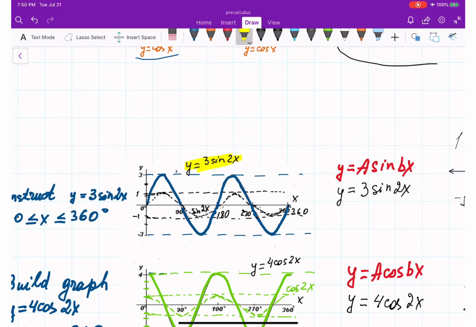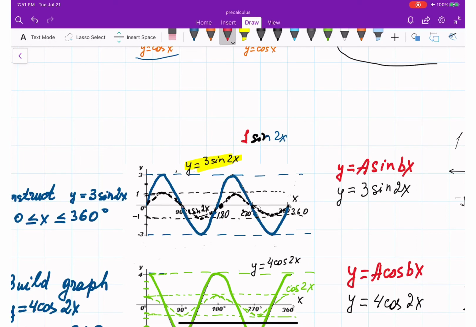So here we have our sine x with these black dashes, right? Sine 2x actually. And we have two waves fitting in 360 and one wave with period of 180 degrees. It's finishing here. Now we need 3 sine 2x. Our amplitude meaning 1.